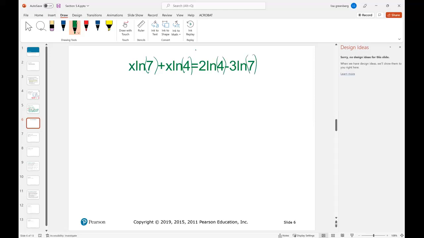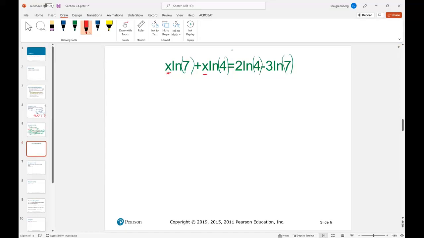Okay. So I want to solve for x, but I have x in two places, right? I have an x here and I have an x here. So what I'm going to do is factor out that x.